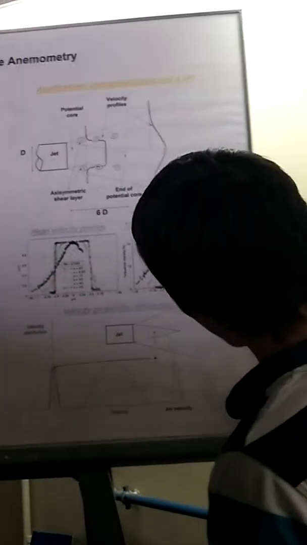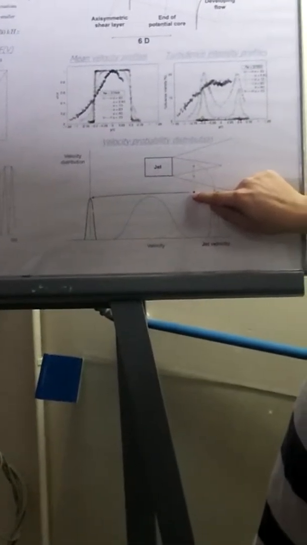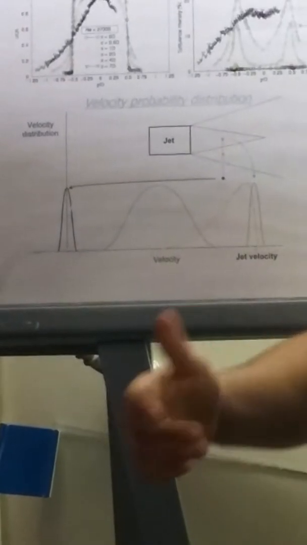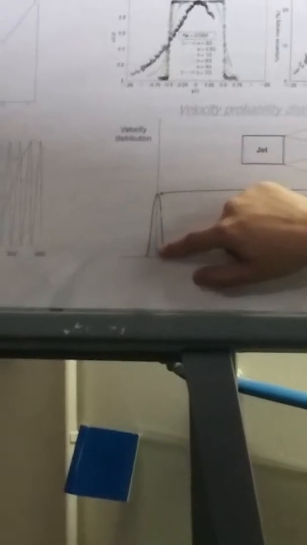In terms of velocity distribution, if you are here at the black point outside of the jet, you have a velocity which is close to zero, and not so much turbulence. The turbulence is related to the standard deviation of the distribution, and so that's why you have a very well defined, close to zero velocity, very small because there is no turbulence.